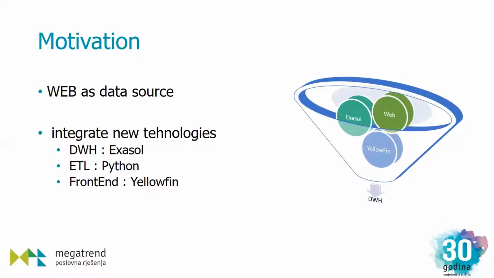Also, the motivation for this project was to integrate new technologies and techniques like web scraping, data warehouse modeling, and reporting creation. Technologies that we used were Exasol as a data warehouse solution, Python as ETL solution, and Yellowfin as BI solution.